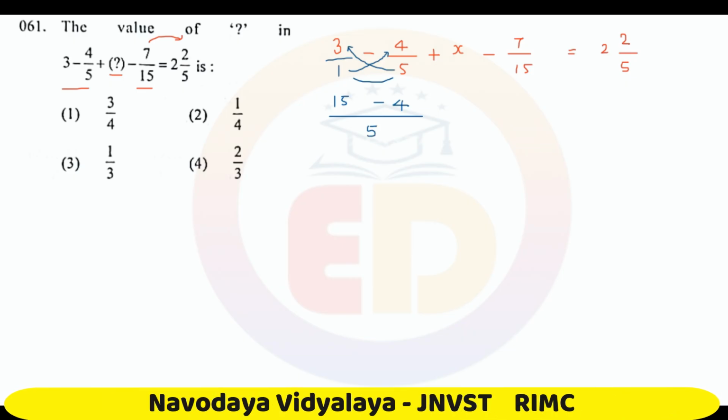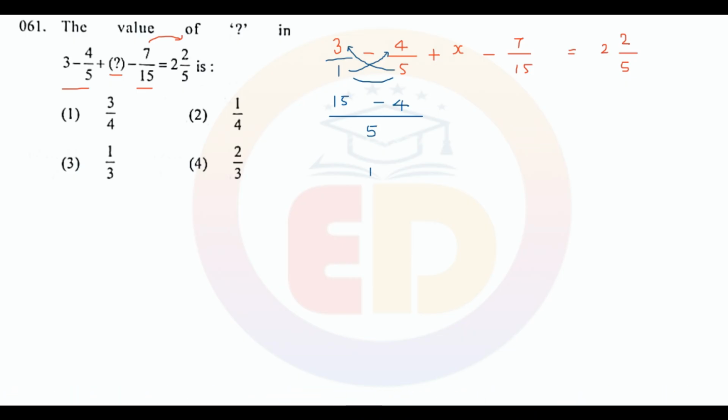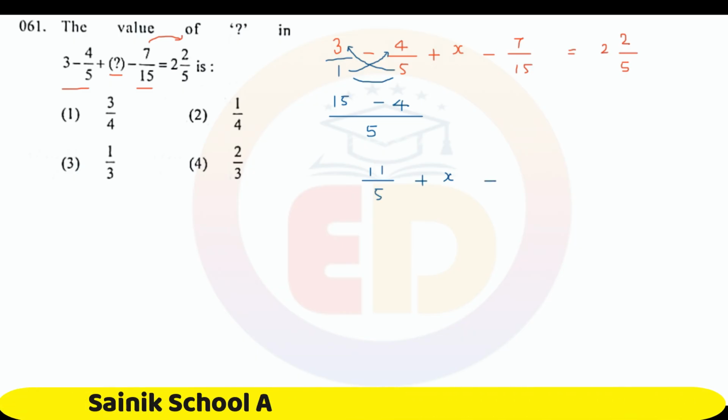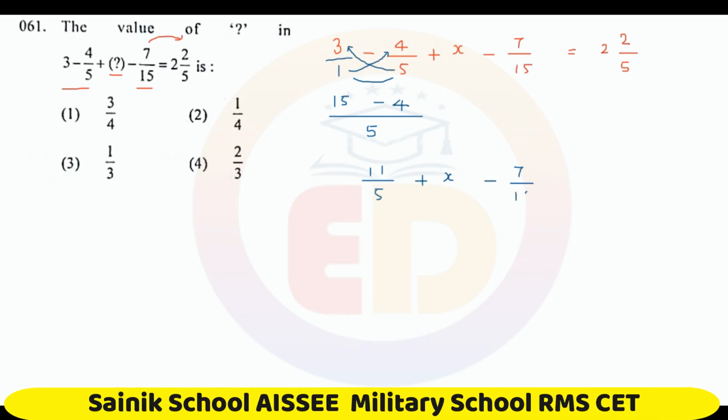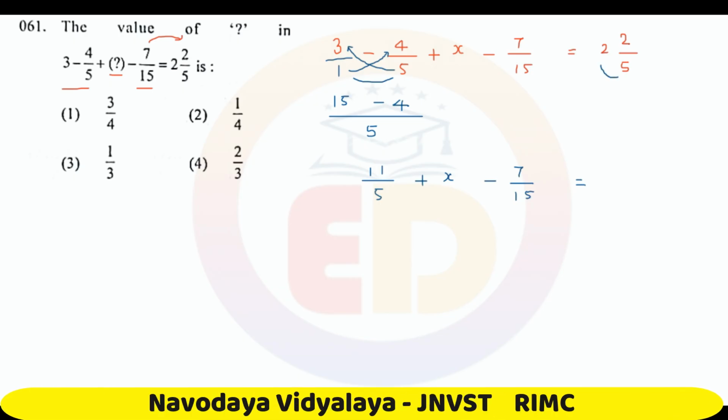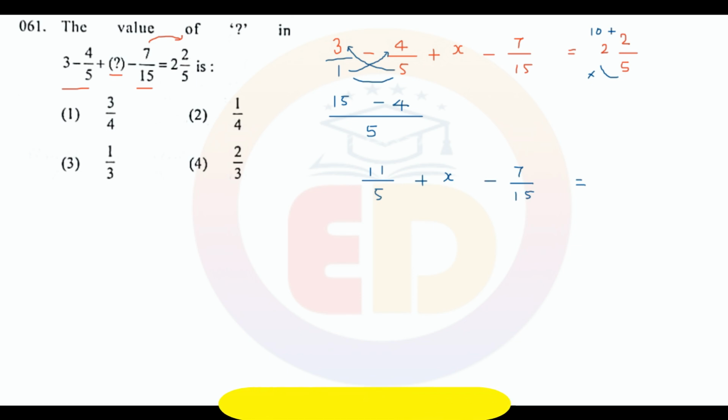So 15 minus 4, this is 11 upon 5 plus x minus 7 upon 15 equals 2 whole 2 by 5, which is 5 into 2, 10 plus 2, 12 upon 5.